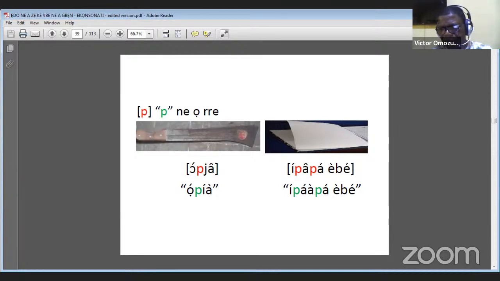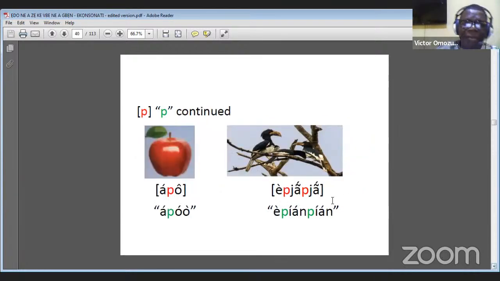So we'll continue. Then you have P continues, where again, apple is a borrowed word because originally Edo didn't have this fruit that we are all familiar with today. It's a foreign fruit.